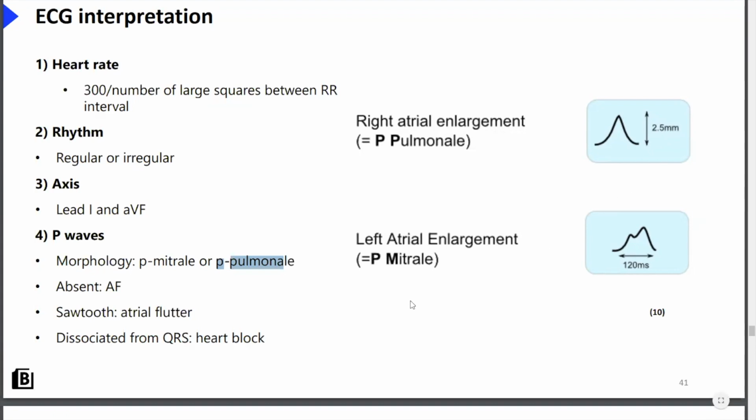So important to know. Is the P wave absent? Atrial fibrillation gives you absent P waves. Is it a sawtooth pattern that's seen in atrial flutter? Is the P wave dissociated from the QRS? Is there some abnormality in the PR interval? And that's seen in atrioventricular heart block.